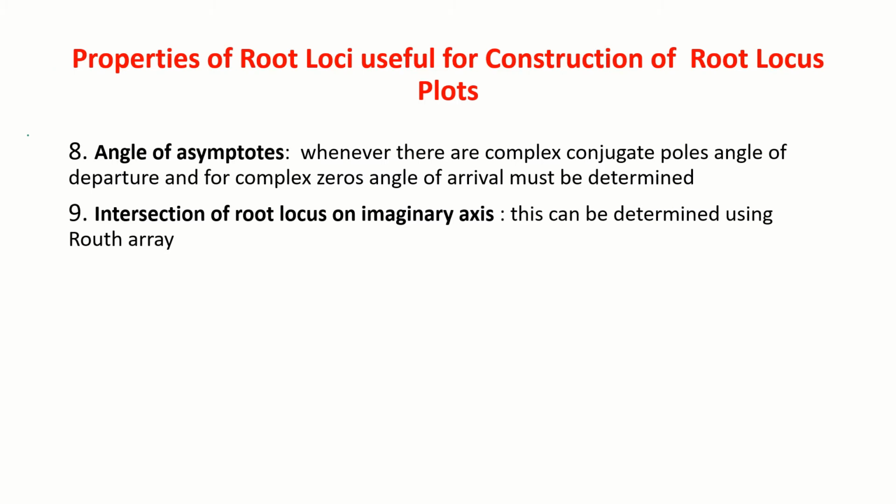Okay, this is the angle of arrival or departure. Whenever there are complex conjugate poles, the angle of departure, or for complex zeros, the angle of arrival, must be determined. What it means is, suppose you have a complex pole here. How exactly does the root locus start from here? So we measure the angle of departure.